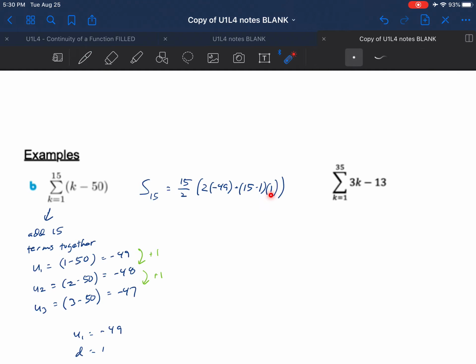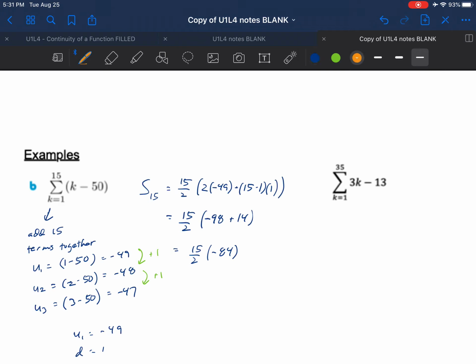Remember, this part is n minus 1 times your common difference. I'm going to leave it like this for now: 15 over 2 times negative 98 plus 14, which is 15 over 2 times negative 84, I believe.